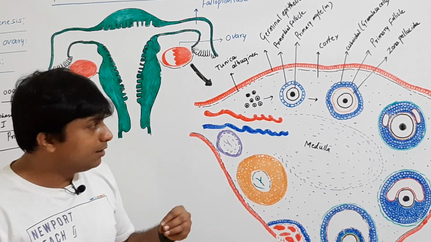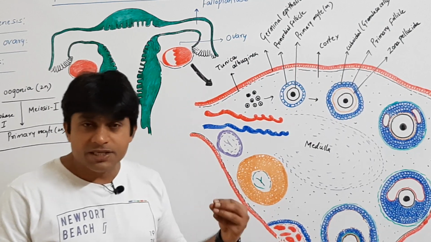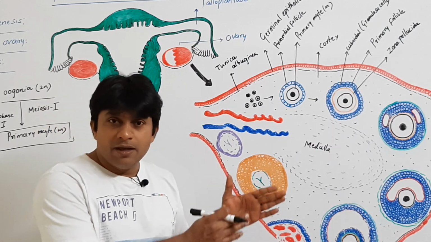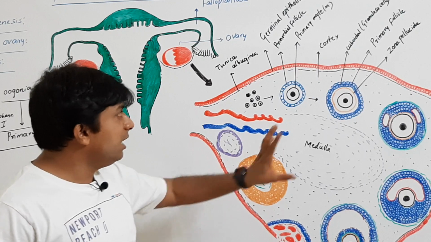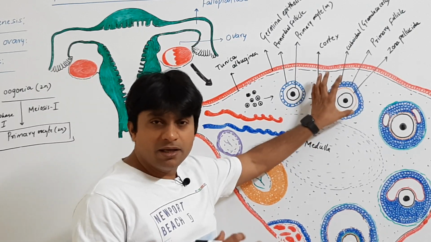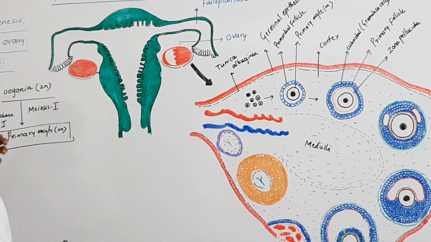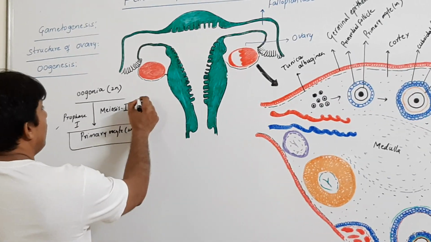The primary follicle number is very high during the earlier stages of development, right? So from the embryonic stages to puberty, the number of primary follicles will keep decreasing, and this process of decrease in the follicles is called follicular atresia.